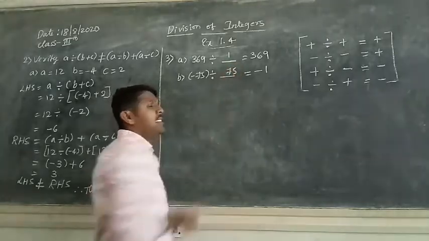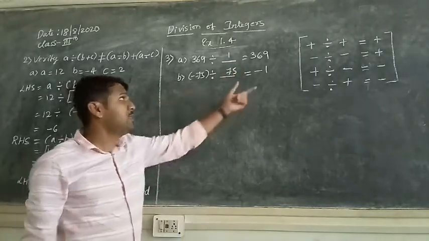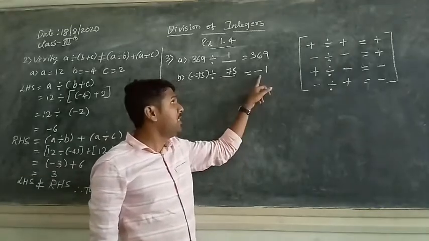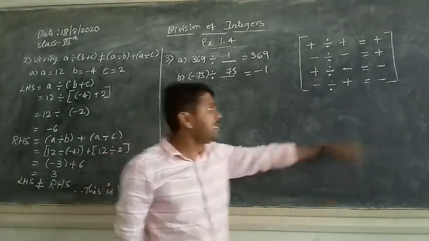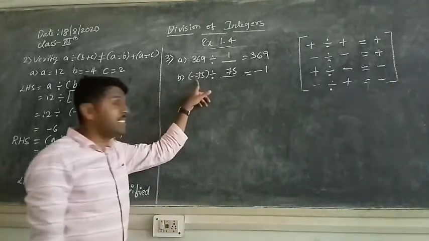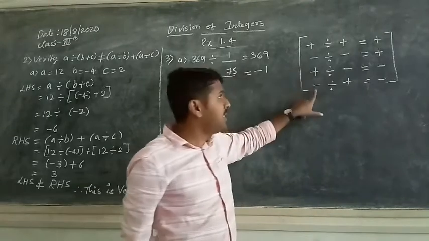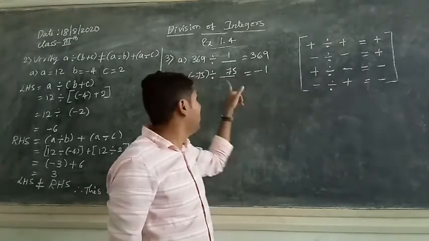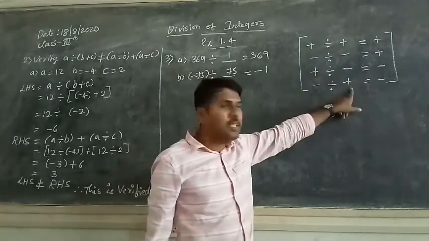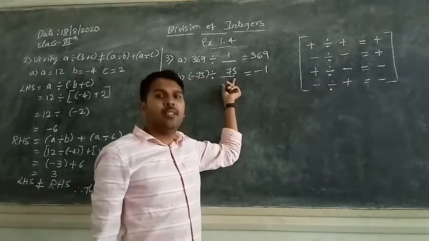What will you get as the answer? 1, no. And now check it for sign. So check the rules here. The resulting sign is minus. In these two, which one is minus? This one, no. The answer should be plus. Right? Here plus is there. So resulting answer is plus 75.